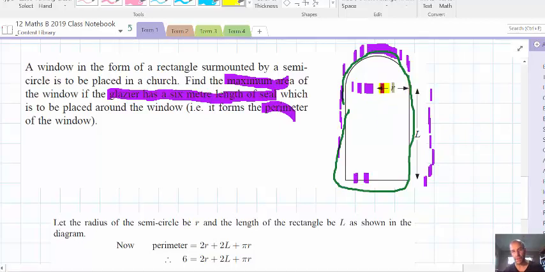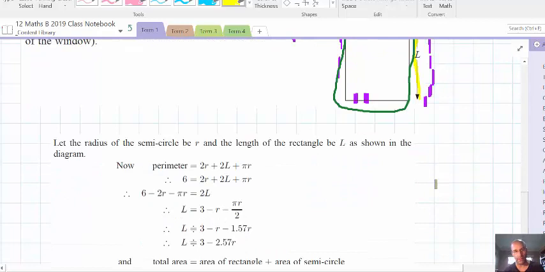So you can see in the diagram there that we've got R for the radius of the semicircle, and we've got L for the length of the rectangular part of the window. So they're givens, and use those. So the perimeter would be 2R plus 2L plus pi R, because that's half of a circumference, and that's equal to 6.